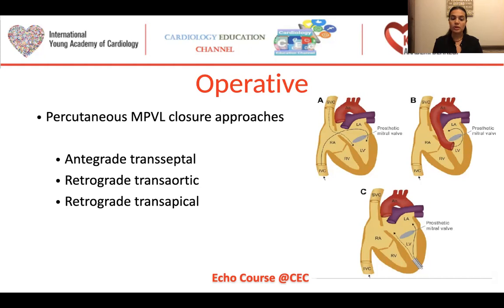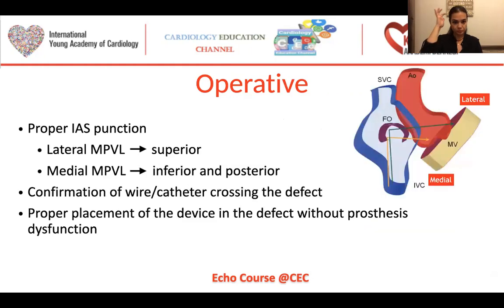With the retrograde transaortic approach, figure B, we can easily get only the lateral paravalvular leaks. And with transapical, we can easily get both medial and lateral PVLs.